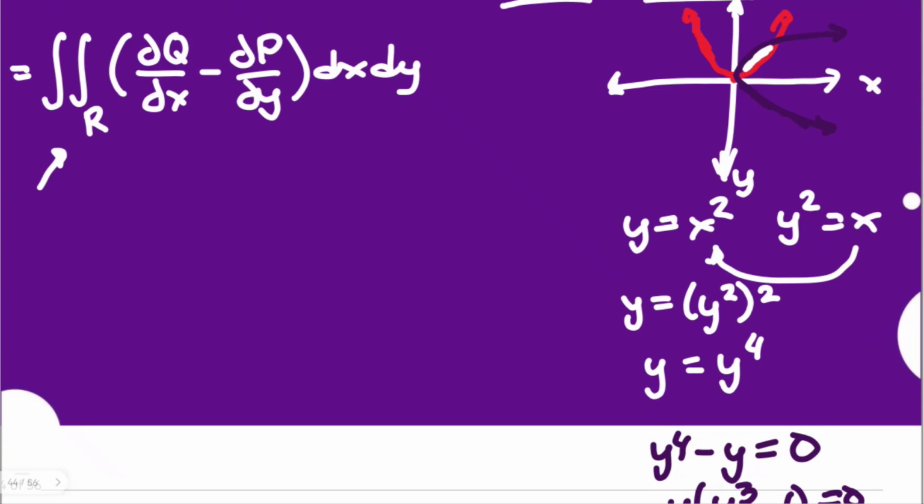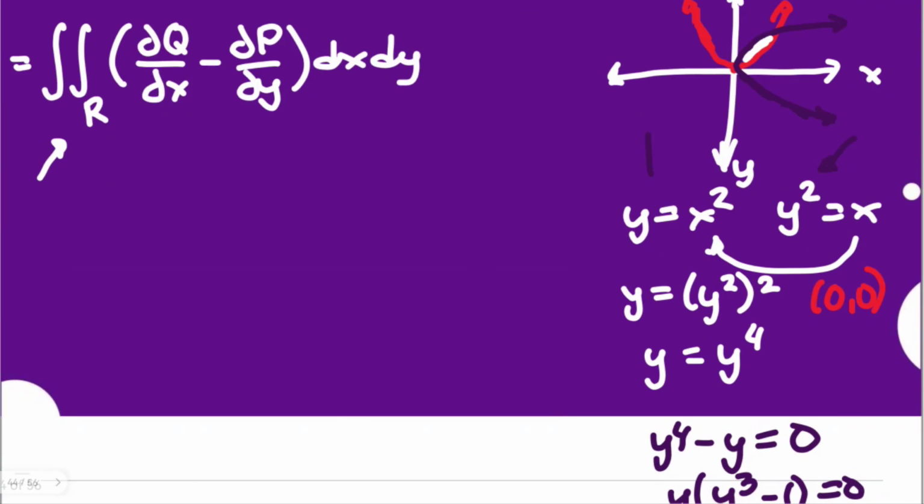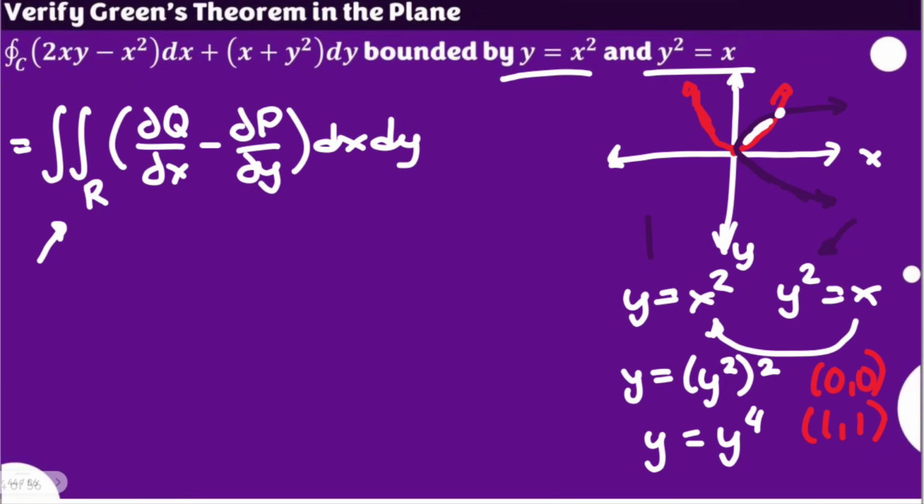Using that in any of the given equations, since it's y, let's use this one. For y is equal to 0, our x is also equal to 0. The first point is at 0, 0. When y is equal to 1, x is 1 squared, so you also have 1 and 1. In short, the point of intersection here is clearly at 1 and 1.